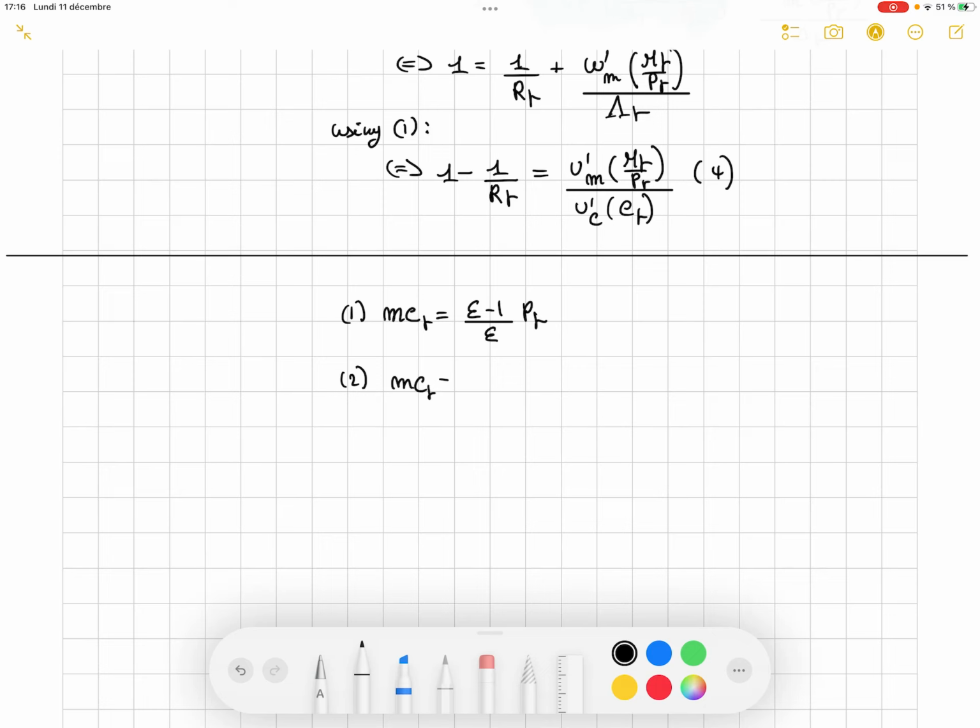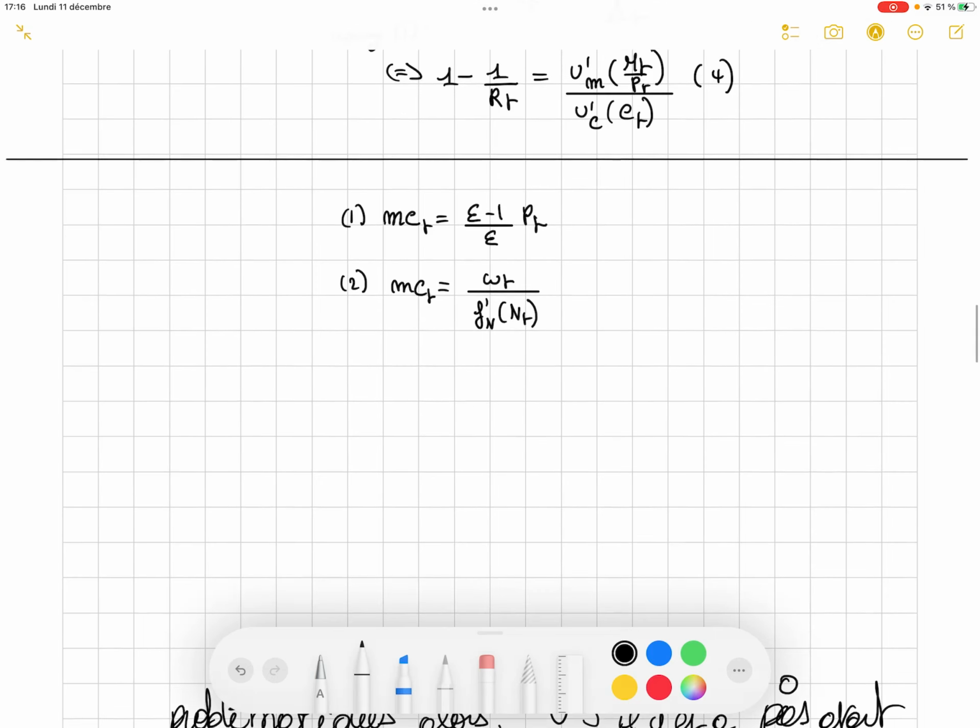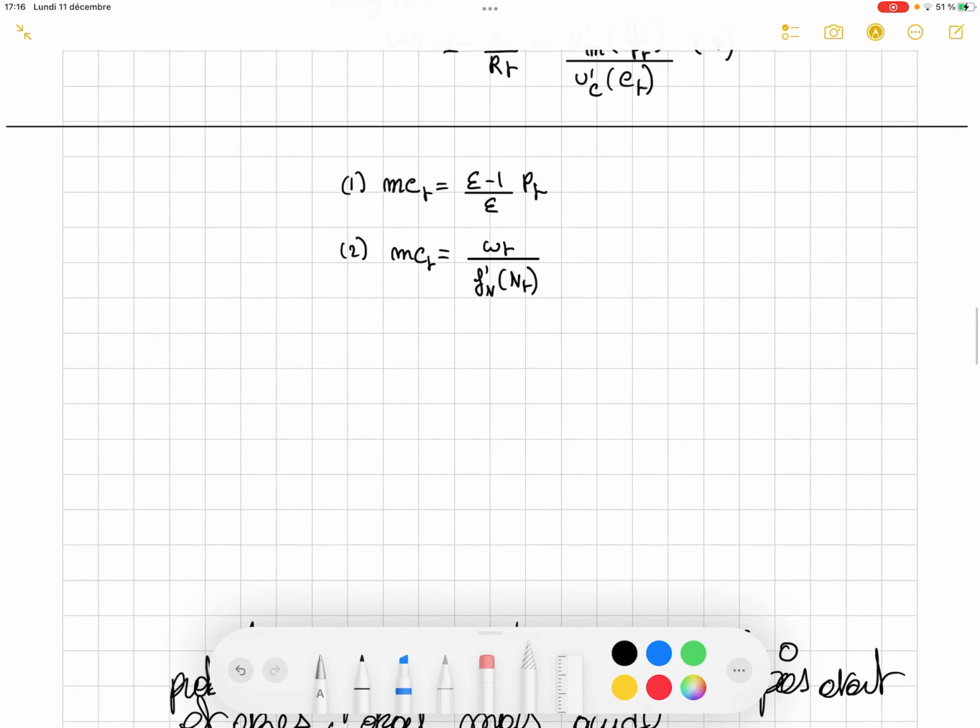You have that the marginal cost at the time t is equal to the wage at the time t divided by the marginal productivity of labor.